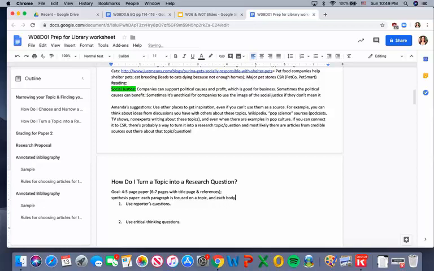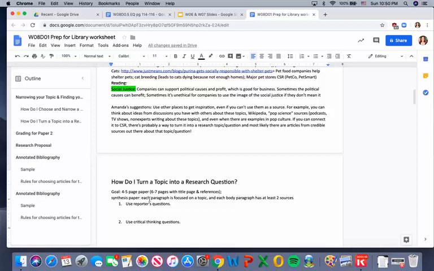And each body paragraph has at least 2 sources. That doesn't mean 2 times that it references one source. That's 2 sources, so you can have 2, 3, 4, 5, 6. It doesn't matter, but you do need to have at least 2 sources referenced in each body paragraph.